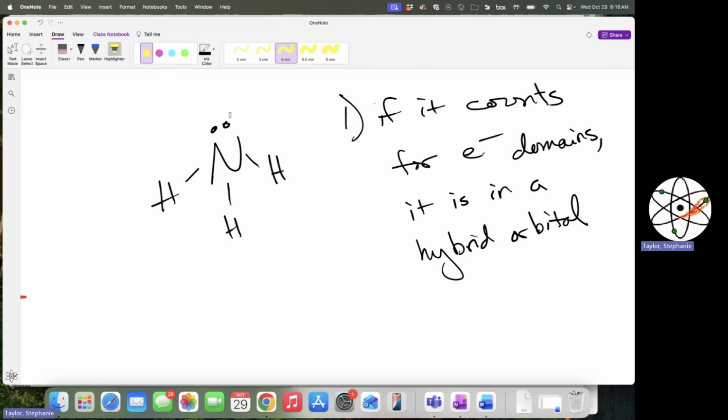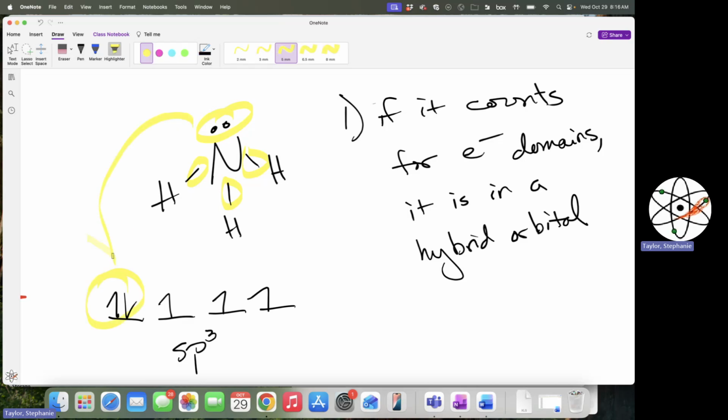And what I mean by that is the nitrogen has a lone pair, and then I've got these lovely bonds right here. So my nitrogen has to be sp3 hybridized. So the nitrogen is going to have a lone pair in hybrid orbitals, and then it's got to have electrons ready for bonding.